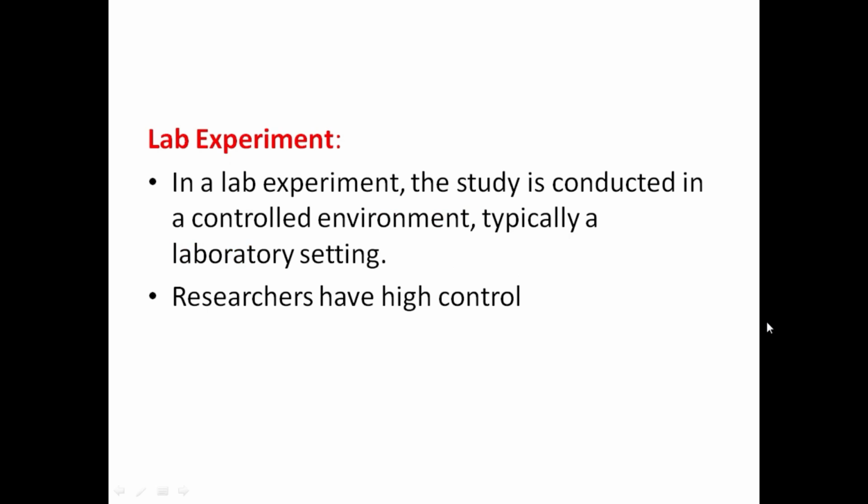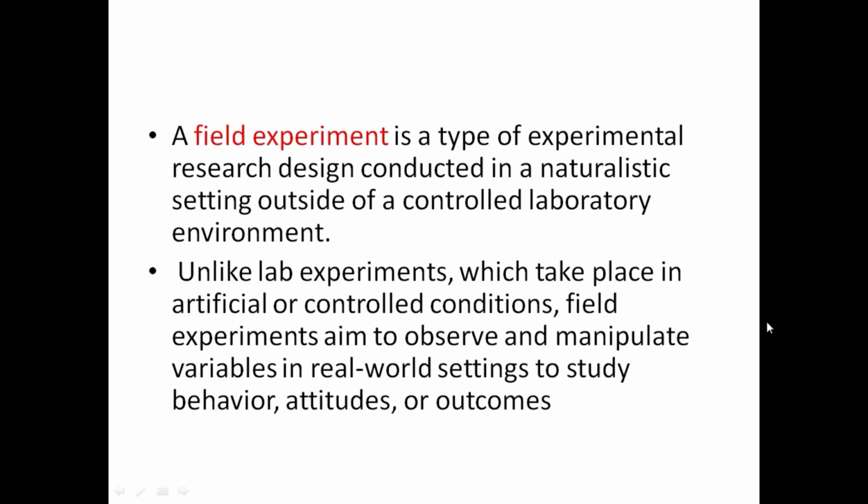In a lab experiment, the study is conducted in a controlled environment, typically a laboratory setting. In this case, researchers have high control. Coming to the next one, which is a field experiment. It is a type of experimental research design conducted in a naturalistic setting outside of a controlled laboratory environment.